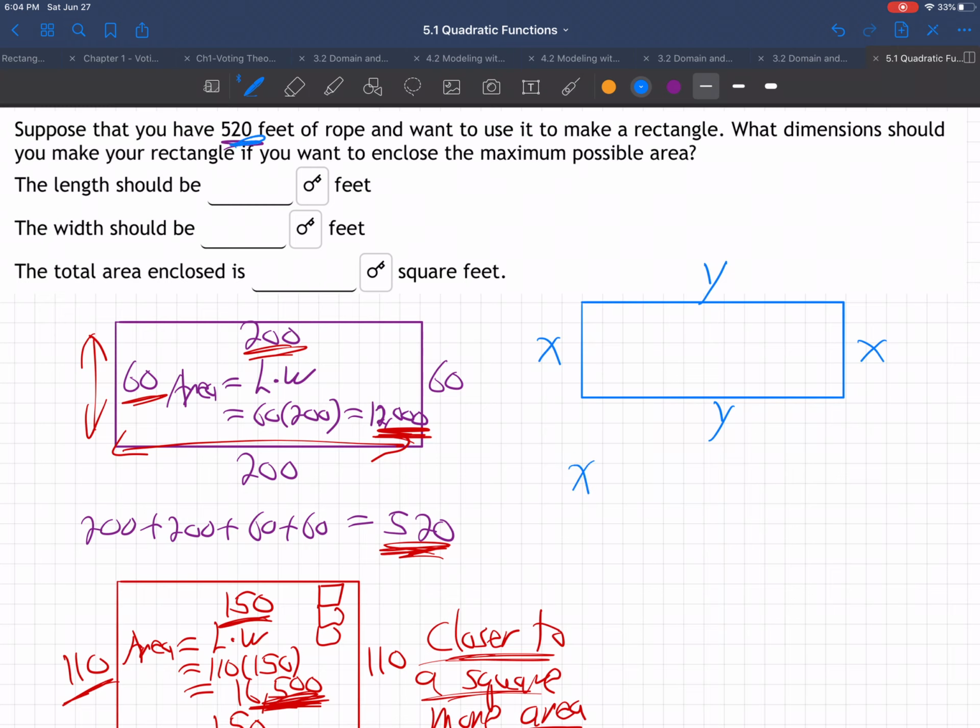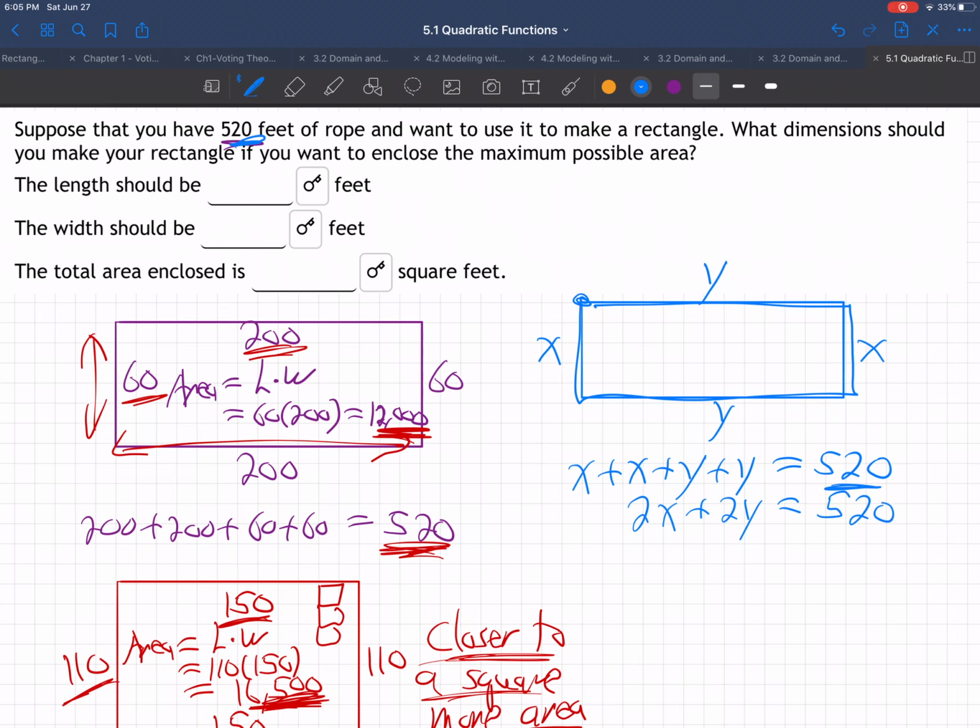The four sides have to all add up. If you start here and you go x, y, it's got to add up to be the 520 feet of rope, because the rope goes around the whole outside of the rectangle. So that means 2x plus 2y is 520. Great.